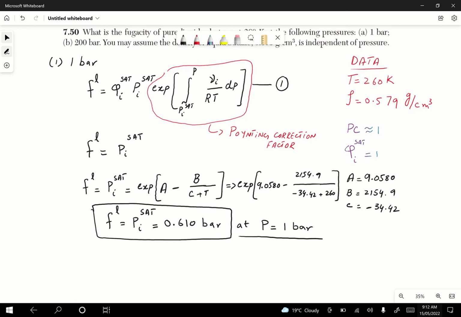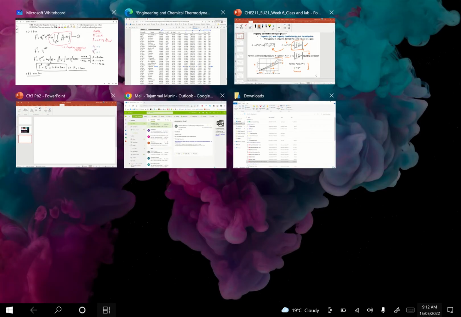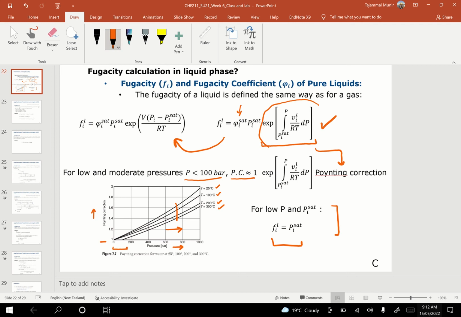pressure of 200 bar. Now this is a bit different scenario, because if you remember, we said the Poynting factor is equal to 1 if pressure is less than 100 bar.